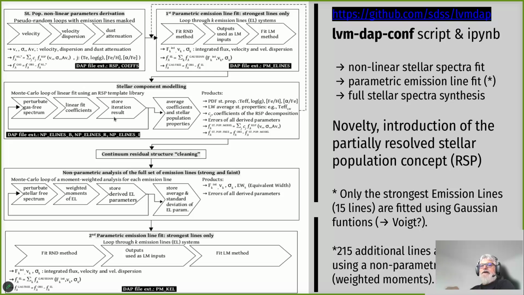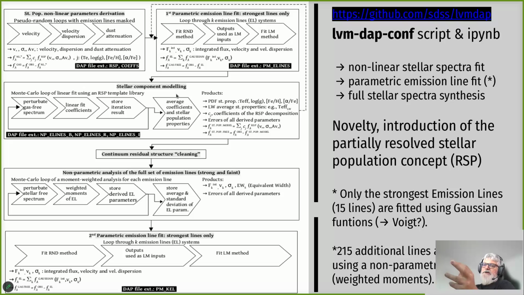Once you have that model, you can iterate: subtract this model again from the original spectra, fit the emission lines, and iterate. Normally, this converges in 1 or 2 iterations, so this is not really required, but you can do it.